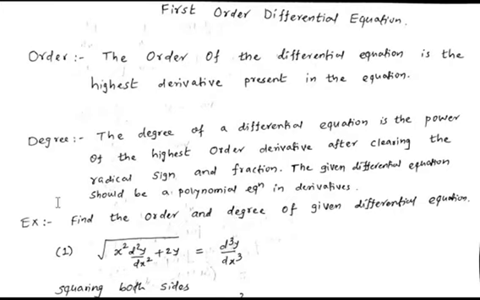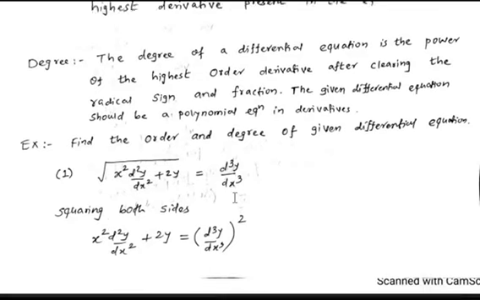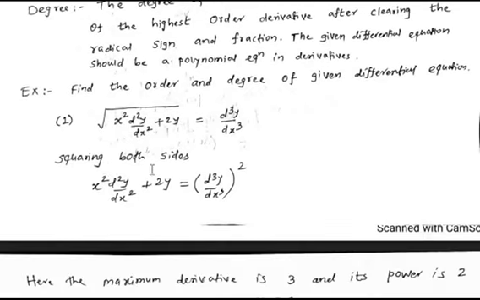So we have examples. We have to find out the order and degree of a given differential equation. Problem number 1 is square root of x square d square y by dx square plus 2y equals d cube y by dx cube. First of all, squaring both sides. So on the left hand side we have x square d square y by dx square plus 2y equals d cube y by dx cube.